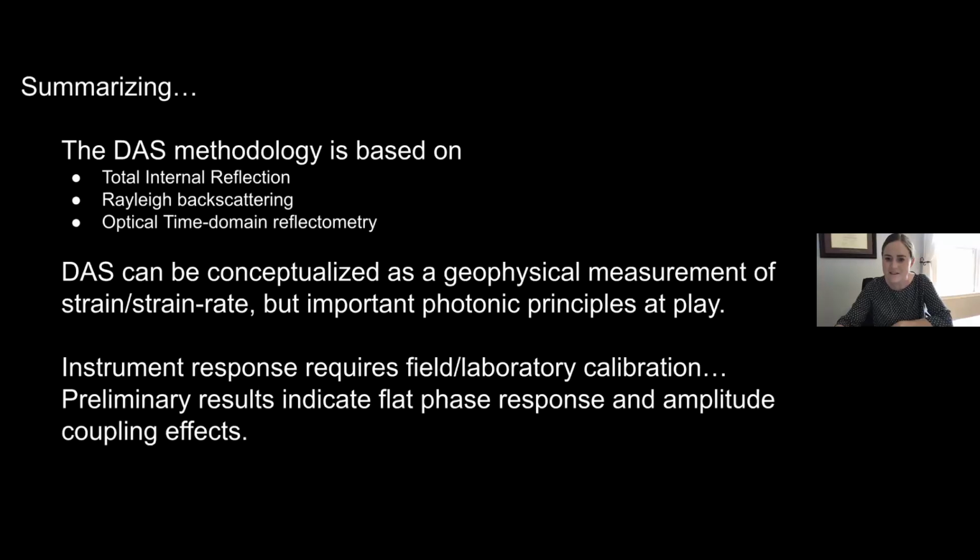Great. Any last questions? It looks like here's another one from Min Chen. The coupling effect seems to only happen at periods shorter than 10 seconds. Does that mean the waveforms at 10 seconds and longer can be reliably retrieved and comparable to broadband instruments? So again, these are the first two experiments testing this.